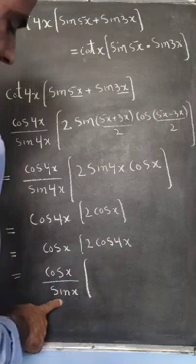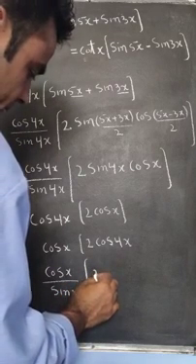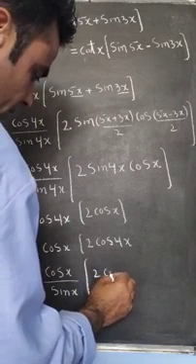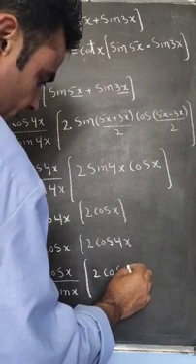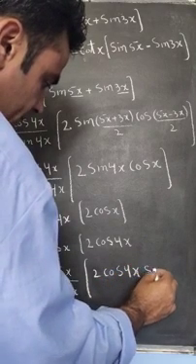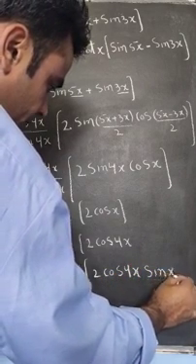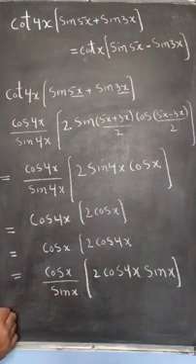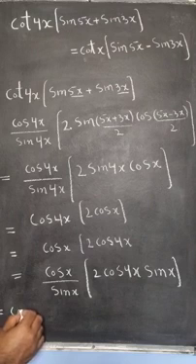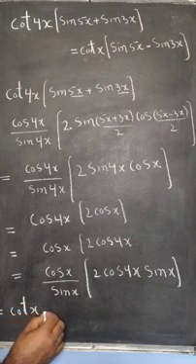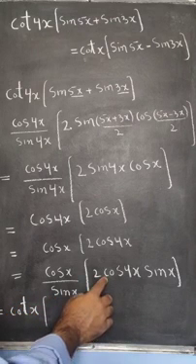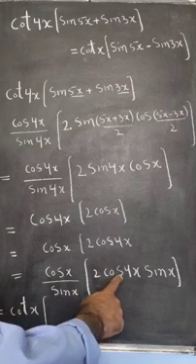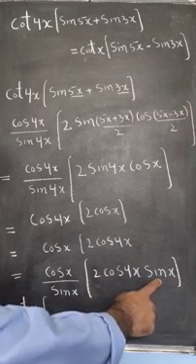Now we have divided by sin x, so we multiply by sin x, cos of 4x into sin x. Now cos x by sin x, that is cot x, and it is twice cos 4x sin x.